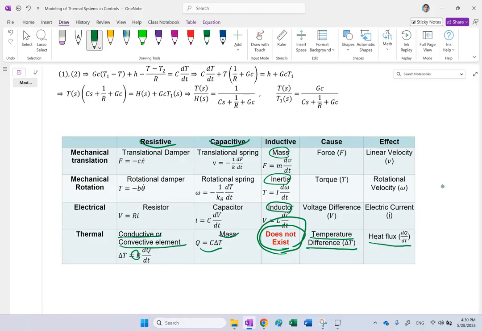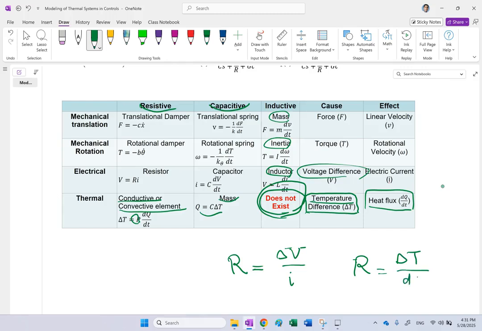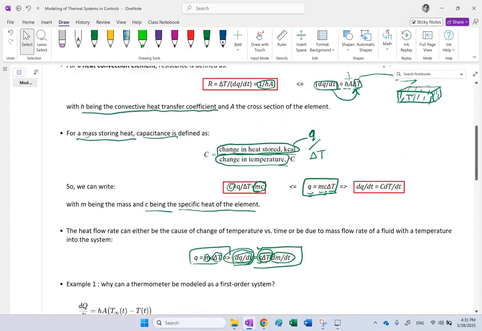In these formulations that you saw for the definitions of R and C, the way that we define them, we consider temperature difference to be the cause and we consider heat flux to be the effect. That's why when we define the resistance, resistance in an electric circuit is the cause, which is voltage difference, divided by the effect, which is electric current. Now for a thermal system, we do a similar thing. We say resistance is the cause, which is delta T, divided by the heat flux, which is dQ over dt. Okay, and that is exactly what you saw over here.